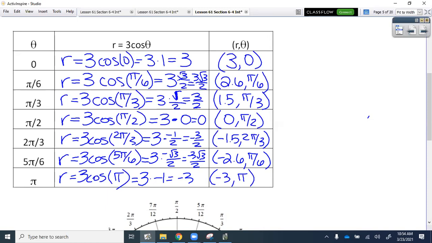Whew, there's some good exact values. All right, take a minute, compare yours to mine, see if there are any that you need to write down. I'll give you a sec to do that.